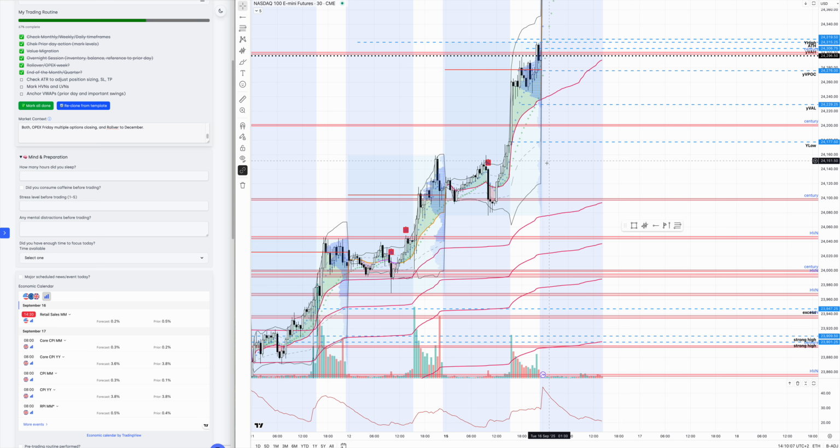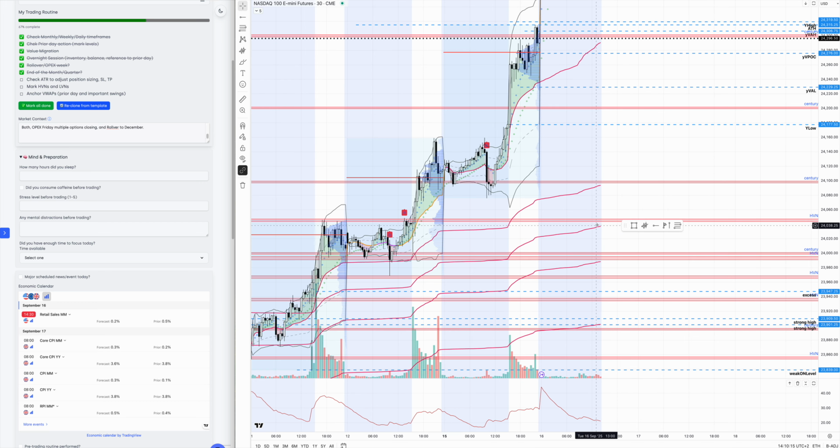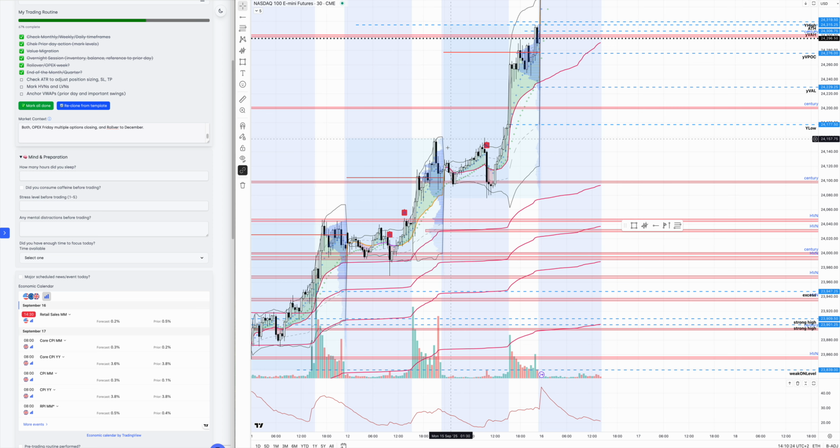And then I also mark high volume nodes, if they exist. So here's an interesting one. These are interesting for me because price didn't shoot down from these values, these volumes. Boom, price went up, up, up. So it's been just accumulating, going up, accumulating, going up.